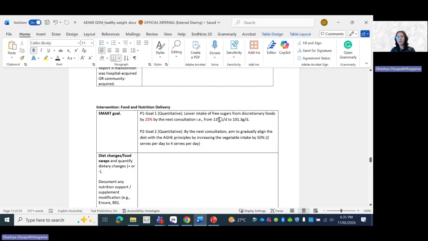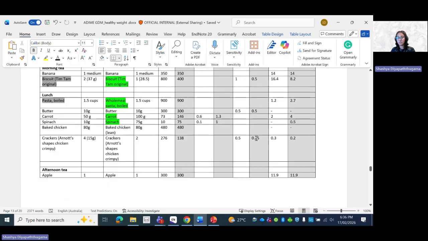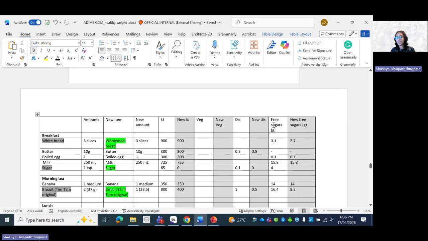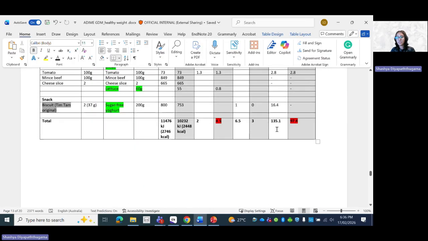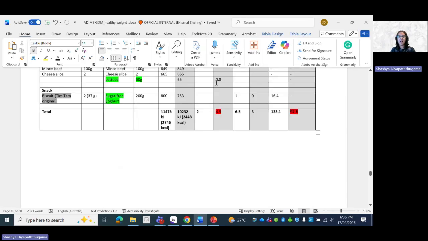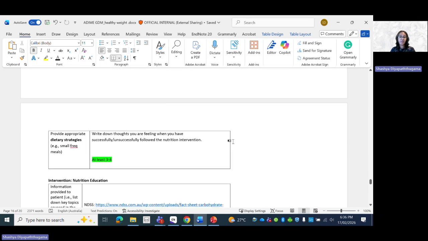So bringing that from 135 to 101 was my goal. This is the earlier free sugars, and these are the new free sugar quantities. I've brought it down to 97. Yes, I've reached my target once again as well. So this is how I've done that.